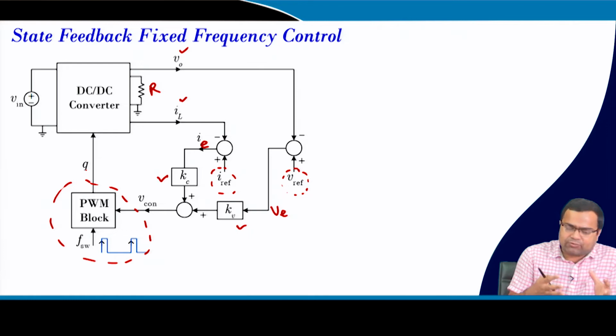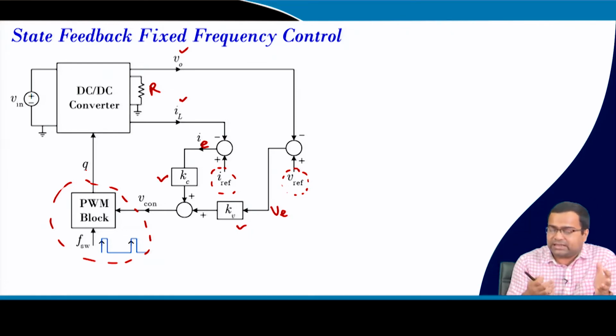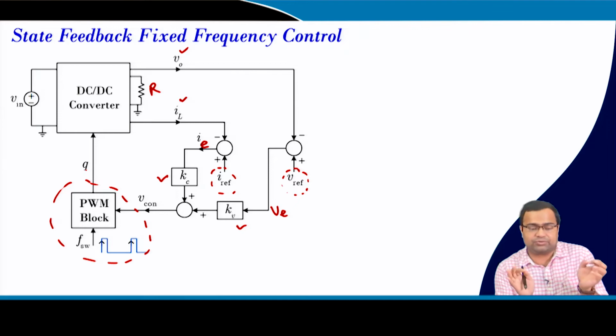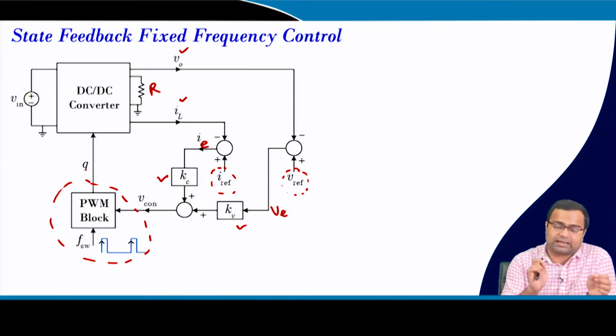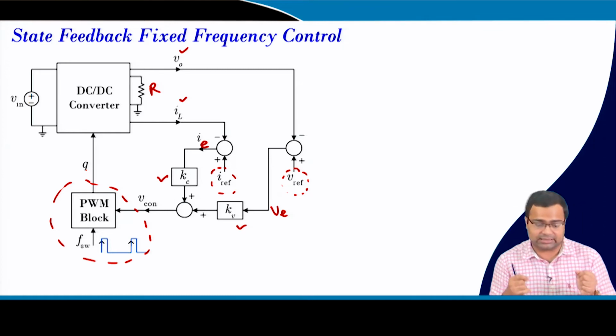And we have discussed this PWM block in case of trailing edge modulation. We generally compare the control voltage with a sawtooth waveform, and the output of the comparator is connected to a latch circuit, and that latch circuit output is used as the gate signal, that we have discussed earlier.